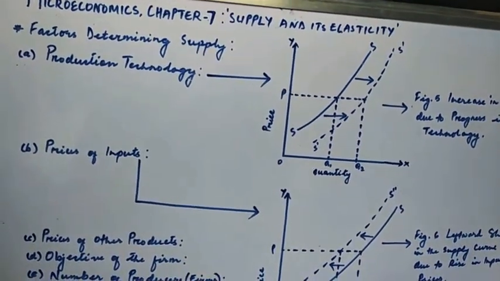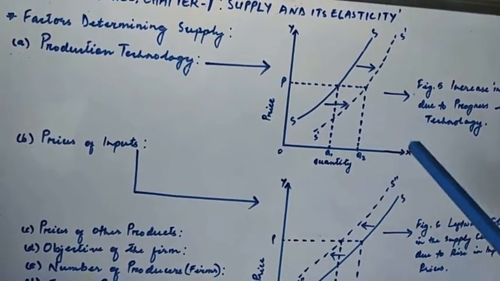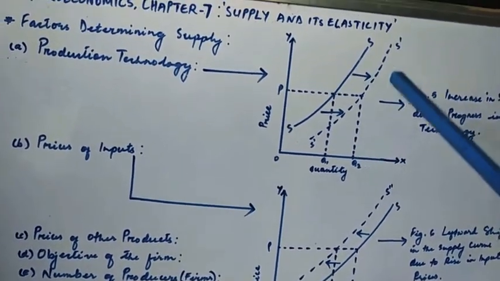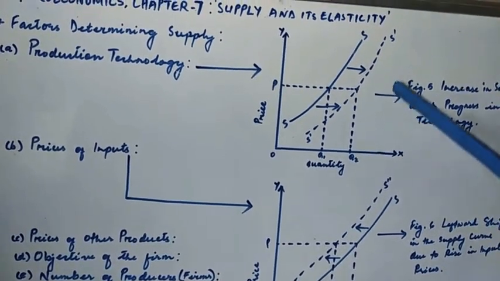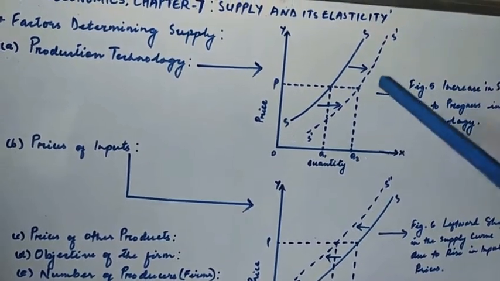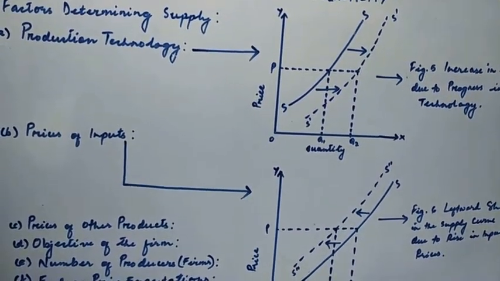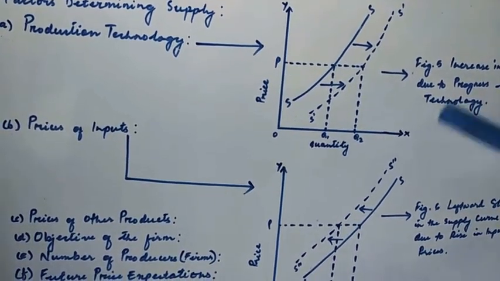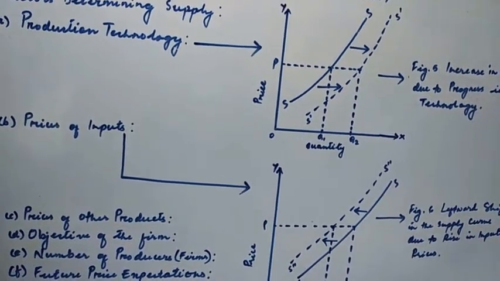So what we are seeing is, when there is a technological advancement, productivity of the factors of production increases, and at the same time the marginal cost incurred is also declining.